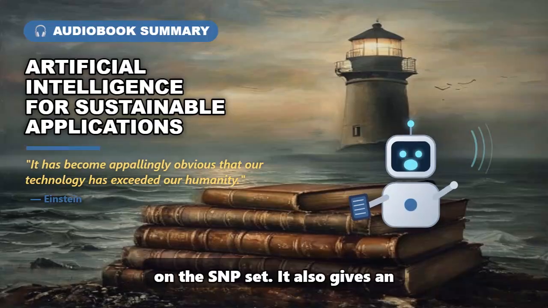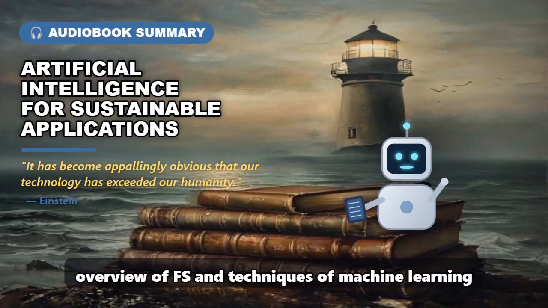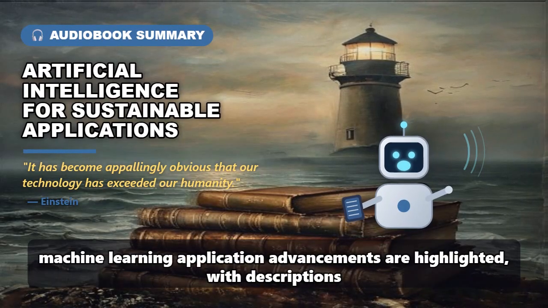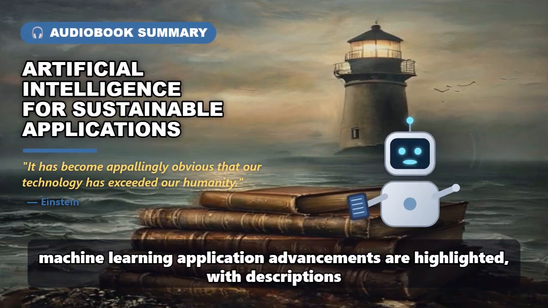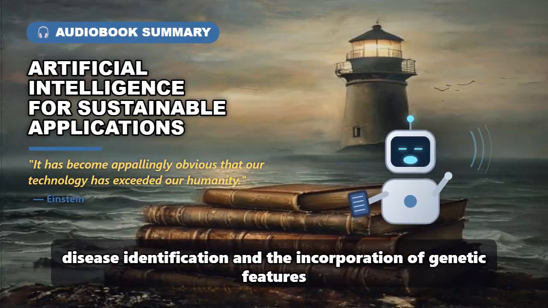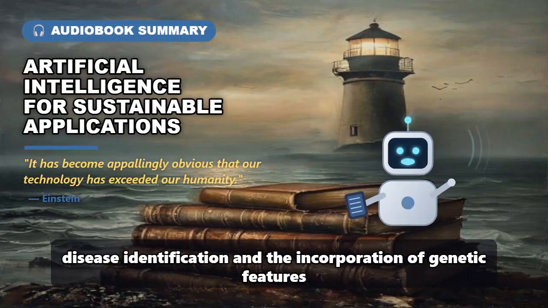It also gives an overview of FS and machine learning techniques used to predict breast cancer. Latest FS and machine learning application advancements are highlighted, with descriptions of how these techniques can lead to enhanced disease identification and the incorporation of genetic features into future customized healthcare.